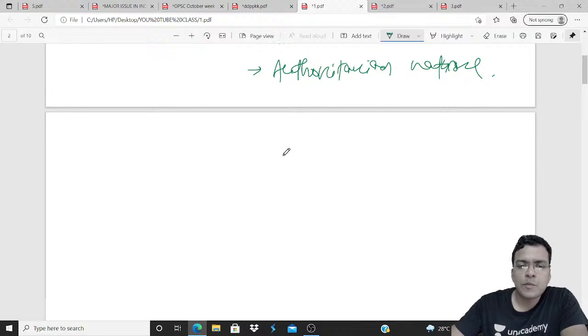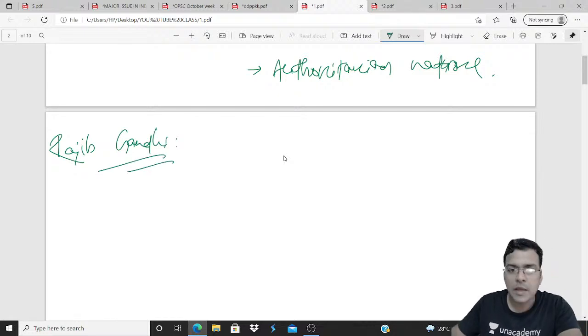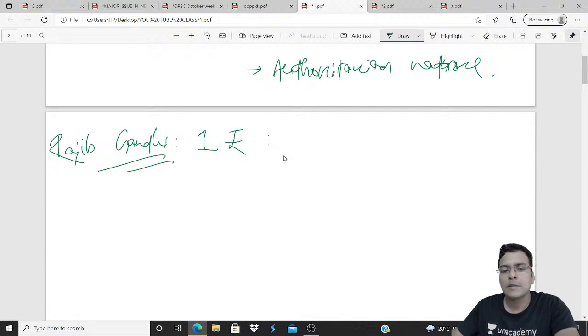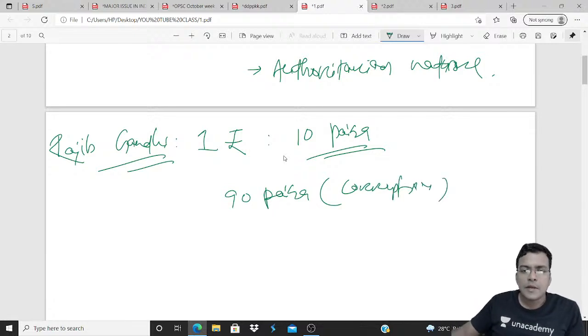So once, if you remember, Rajiv Gandhi made a statement in Kalahandi, Odisha: I send ₹1 to people, by the time they get it, it becomes 10 paisa. So 90 paisa is lost in corruption. So this is the main need of this secrecy.